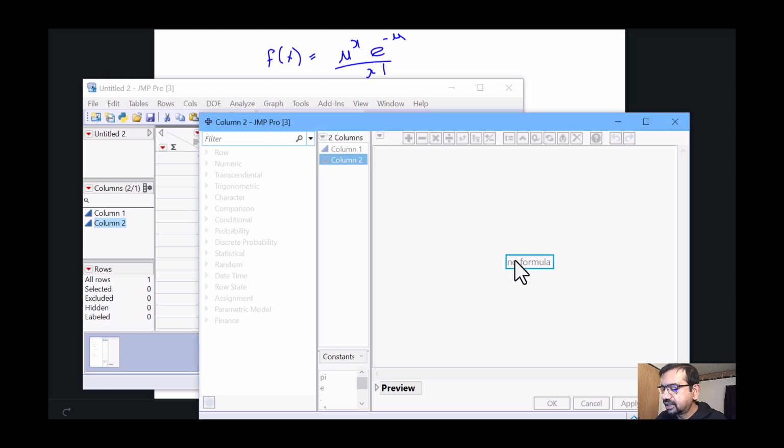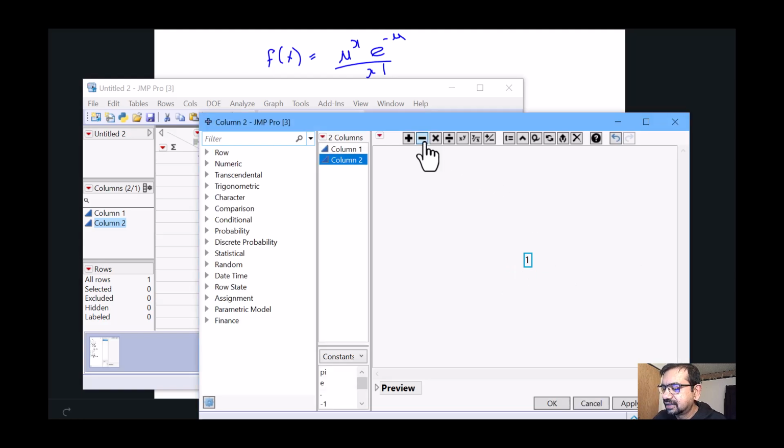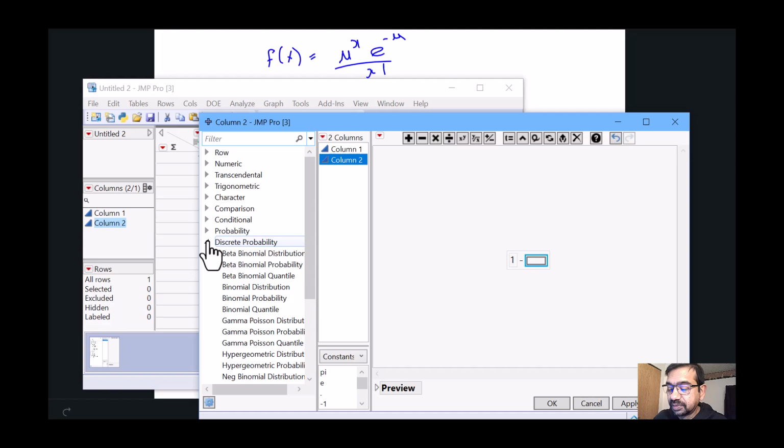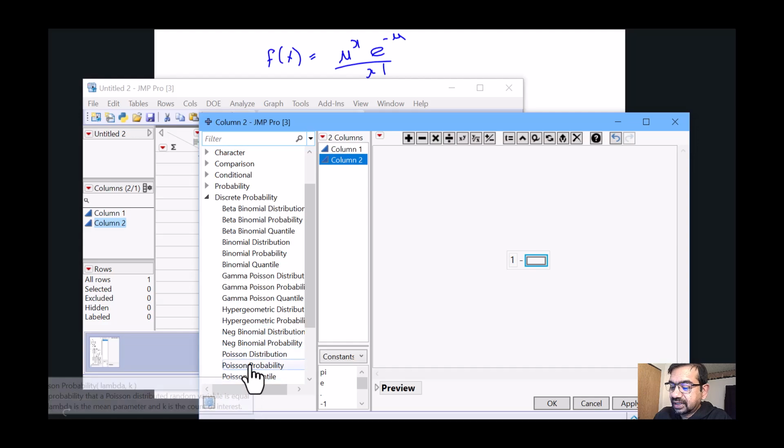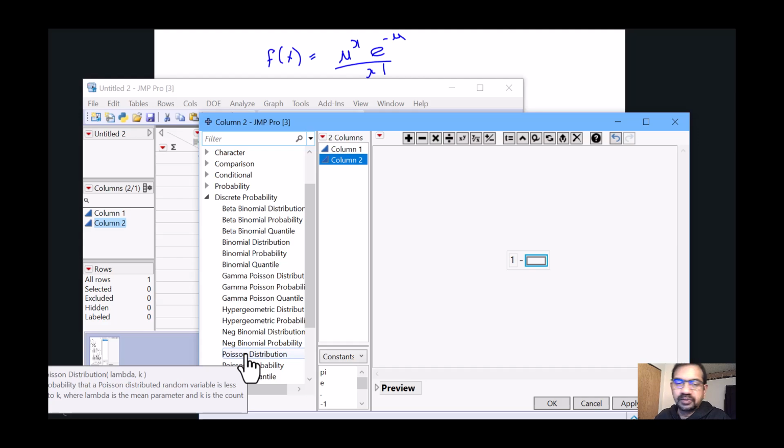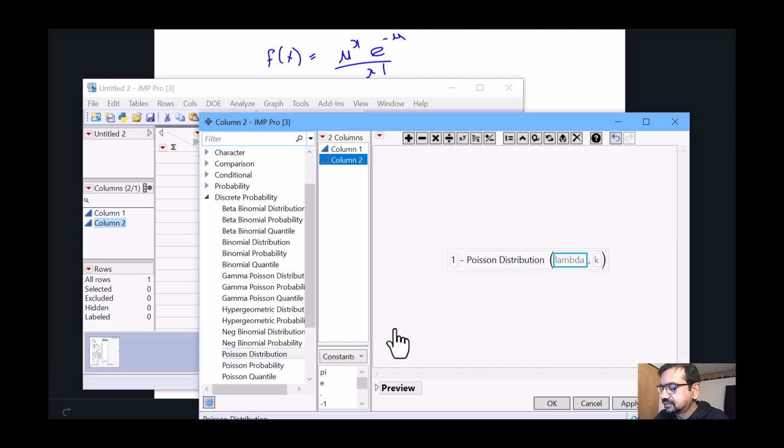So I do 1, enter, and then I subtract. Subtract what? I want to subtract the cumulative distribution of Poisson up to 4. So we will choose Poisson, but this time we will use the distribution, not the probability, because we want to get up to 4 events.